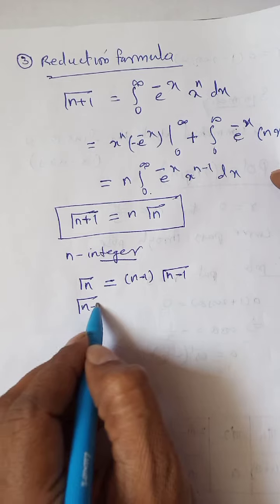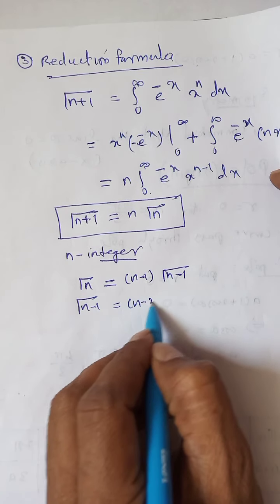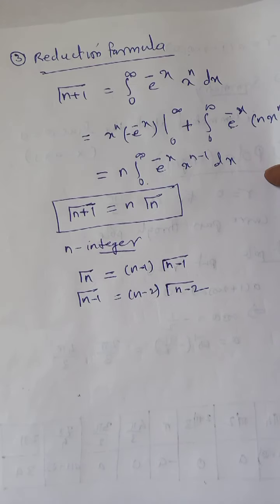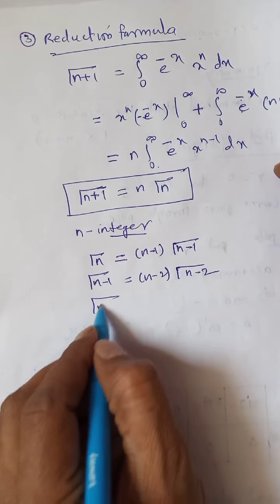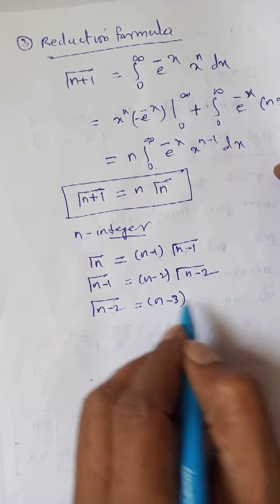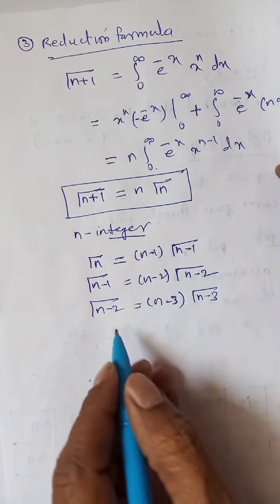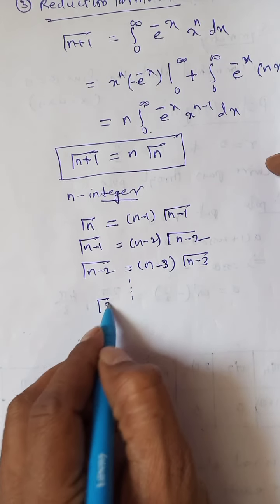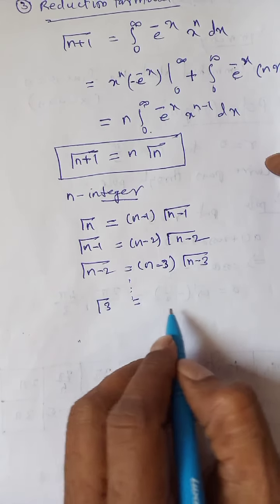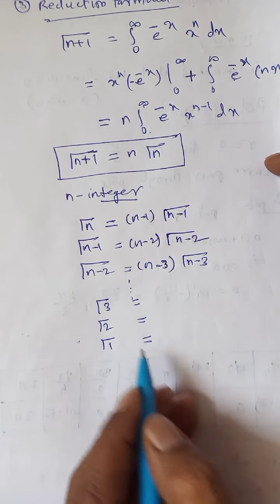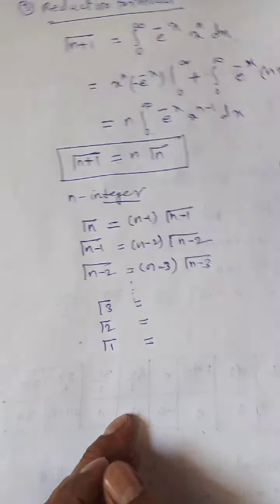Then the value of gamma n minus 1 is n minus 2 into gamma n minus 2. Then gamma n minus 2 is n minus 3 into gamma n minus 3, and continue this till gamma 3, gamma 2, gamma 1, like this, since n is a positive integer.